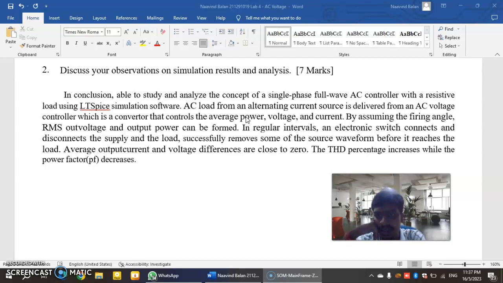An electronic switch connects and disconnects the supply and the load, successfully removing part of the source waveform before it reaches the load. The average output current and voltage difference are close to zero. The THD percentage will increase while the power factor decreases.